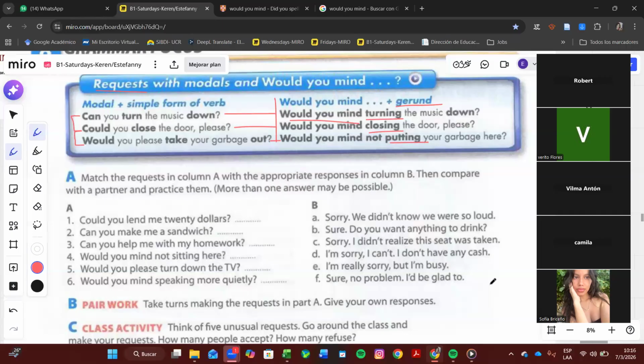The D. Okay, so in English, D, right? I'm sorry, D. I can't. I don't have any cash. Okay, so here you can see that that's the one because we're referring to money. So excellent.